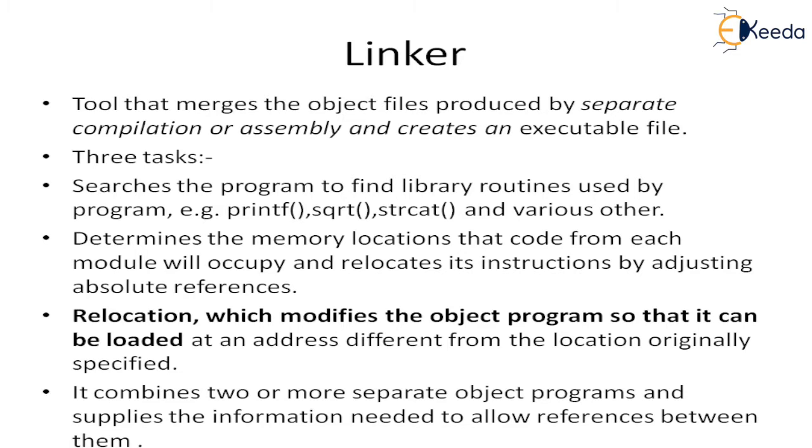And the third stage is that it combines two or more separate object programs and supplies the information needed to allow references between them. So this is the linker working, which contains three tasks. First is searching, second is determining the memory location or relocation, and third is combining the separate object programs.